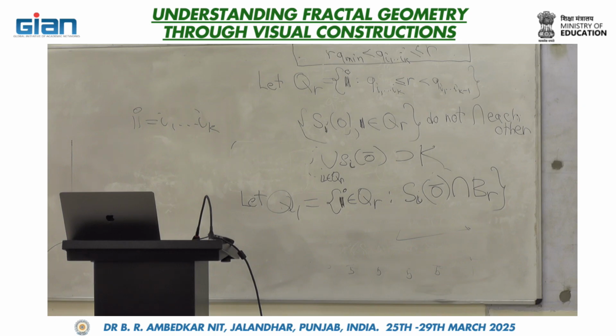So we have the ball BR, and we have these copies corresponding to the family Q1. They are of approximately the same size as BR, and all of them intersect BR, but at the same time their interiors do not intersect.